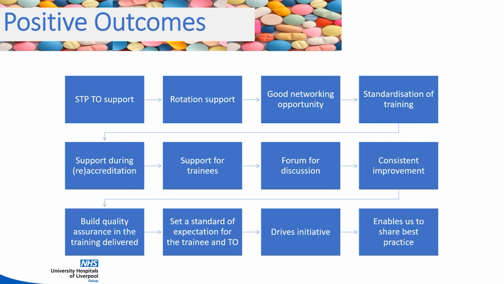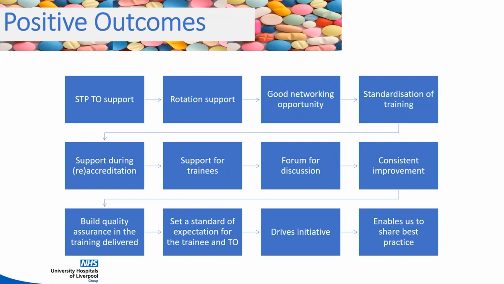It's a really good opportunity to network with fellow colleagues, who can be distributed all around the country, where otherwise you wouldn't really have a chance to meet them. Standardisation of training, so you've got that confidence that the quality of training that's being given to the trainees is standardised across the board. So when they qualify, they should be able to do the exact same things to the exact same standards.